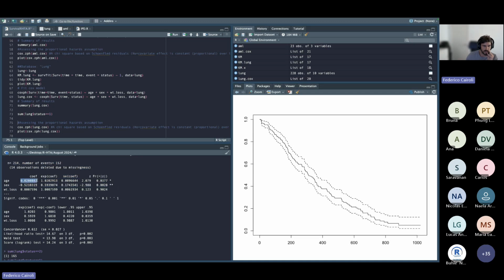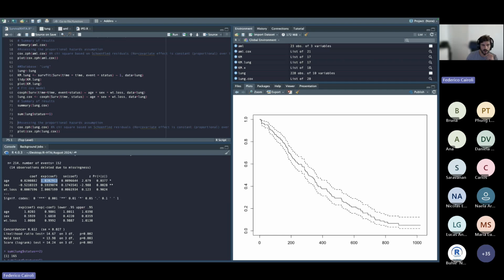So you can expect that since age and weight loss are positive, the hazard ratio will be higher than 1. And on the other hand, since sex is negative, the hazard ratio will be lower than 1. Okay, so how do we read this specific value of 1.02 on age? Basically saying that for every year of age in the model, the hazard will be 2% higher.